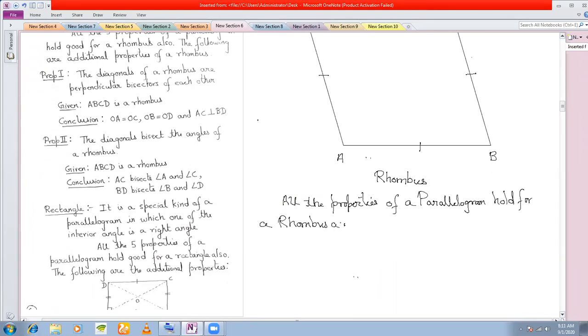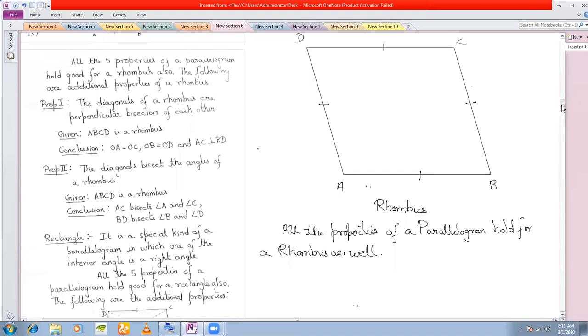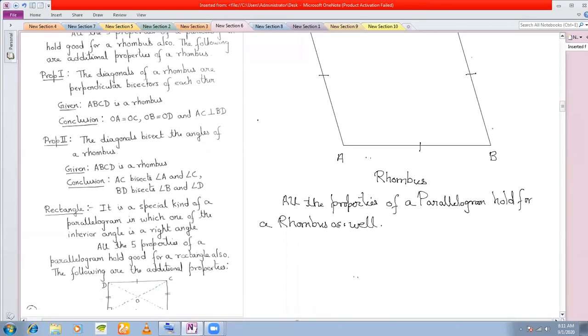Now, apart from the five properties of parallelogram, rhombus has some extra properties. Okay, so what are those properties?